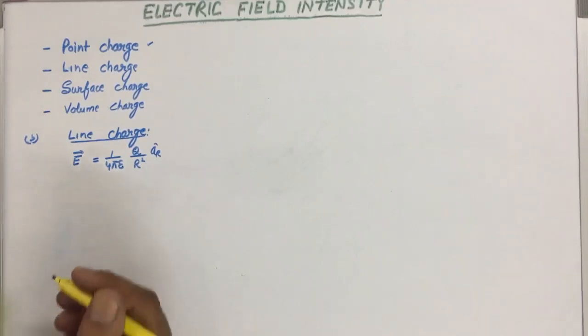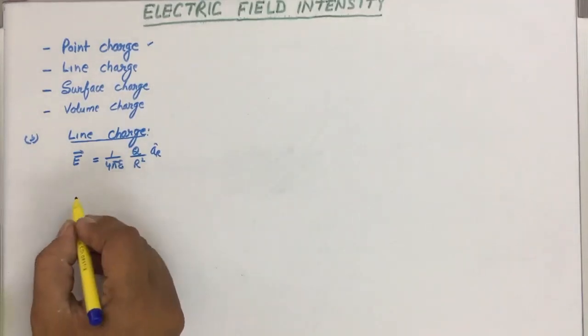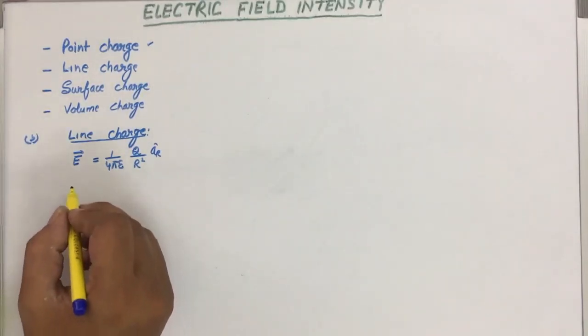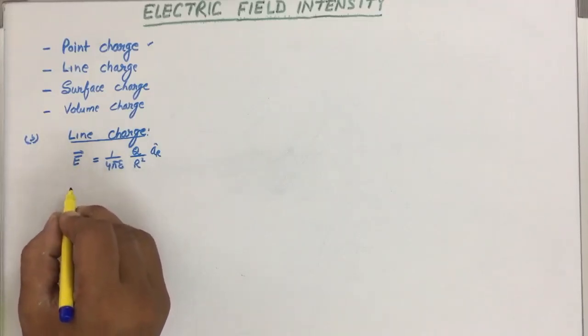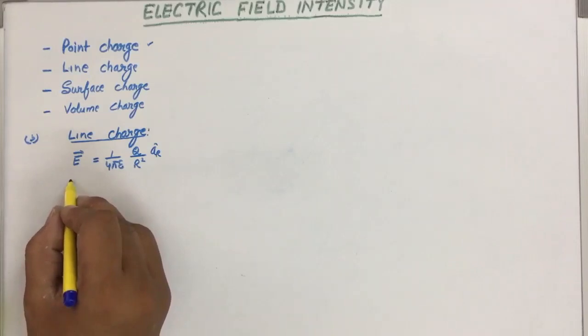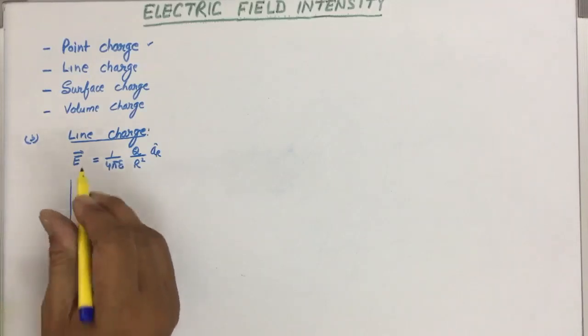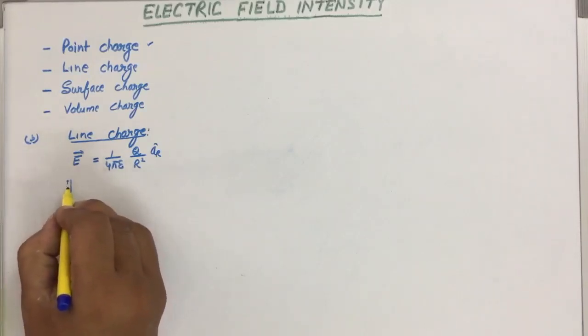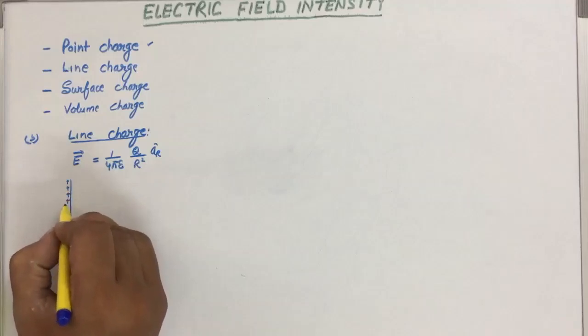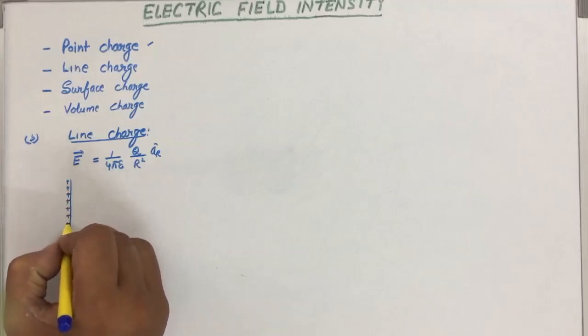Now we will try to find the electric field due to the line charge. So let us first try to find what is line charge. Line charge we can understand as the charge uniformly distributed along the line.